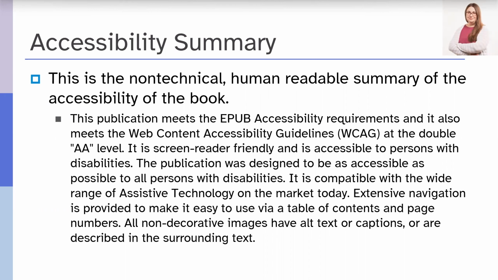This is a plain text summary, so there's no specific language that has to be used, unlike the other ones. And this can be completely non-technical. It's meant to be human readable, for anybody to be able to read it and understand how accessible the book is, and how it will work or not work for them.